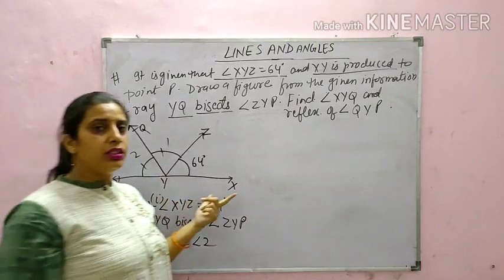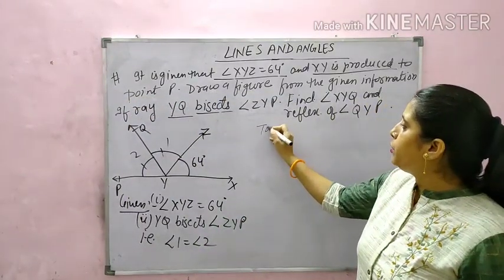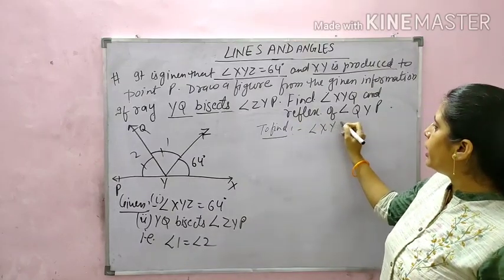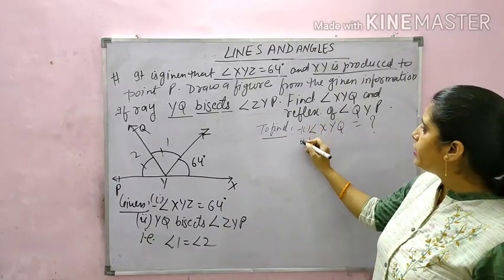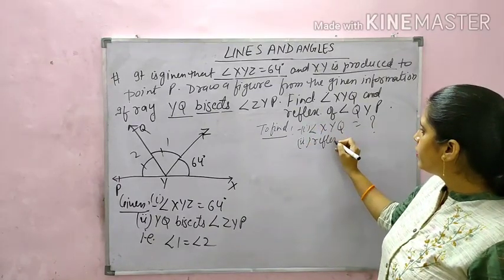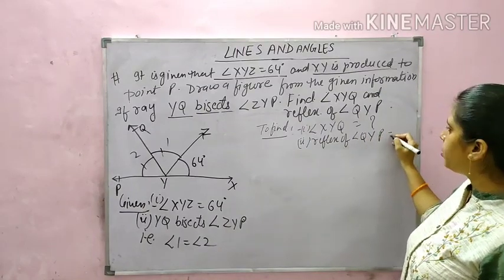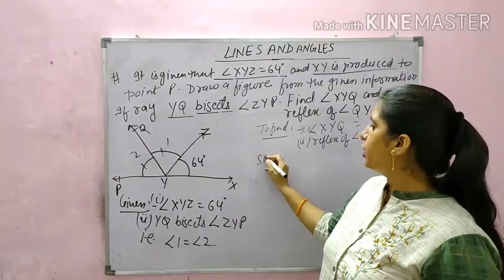Now proceed to the solutions. But we have to find out angle XYQ first and second is reflex of angle QYP. Clear?